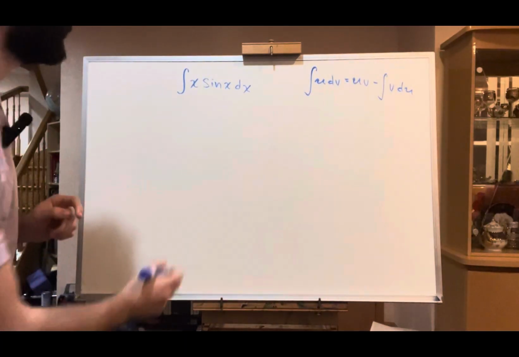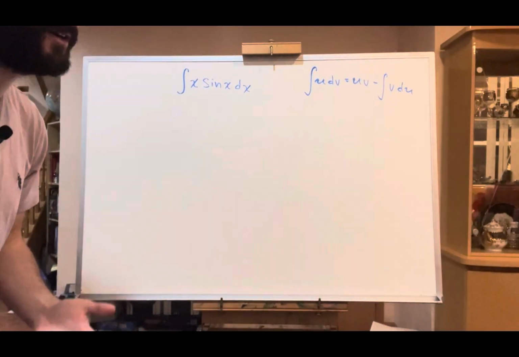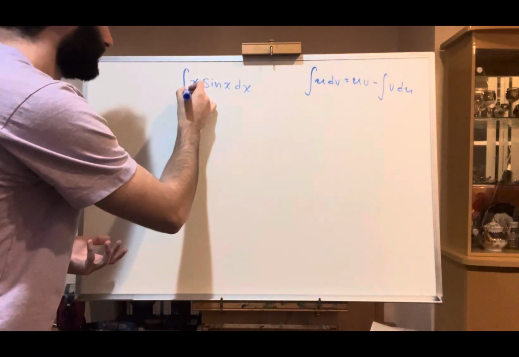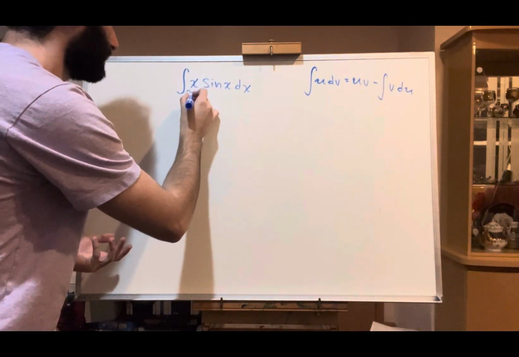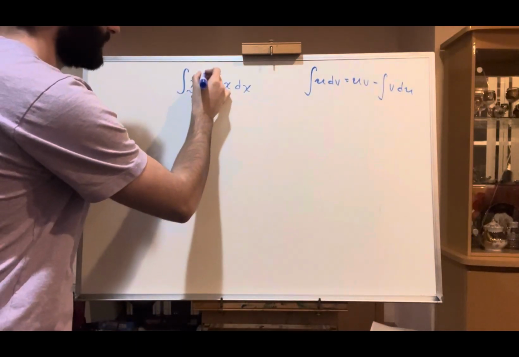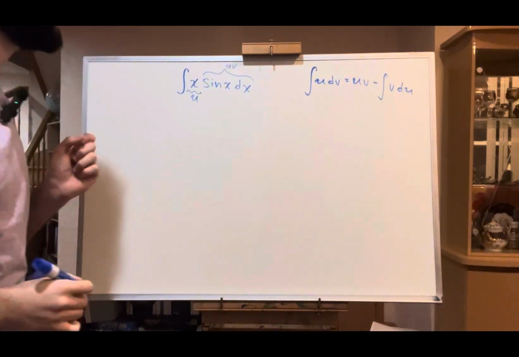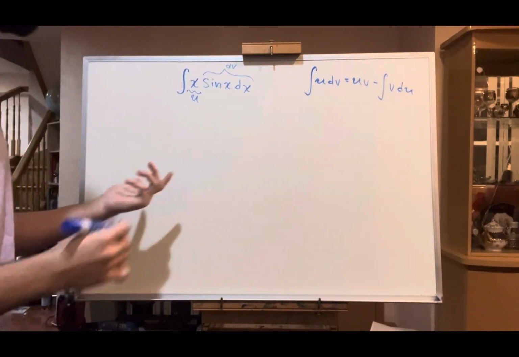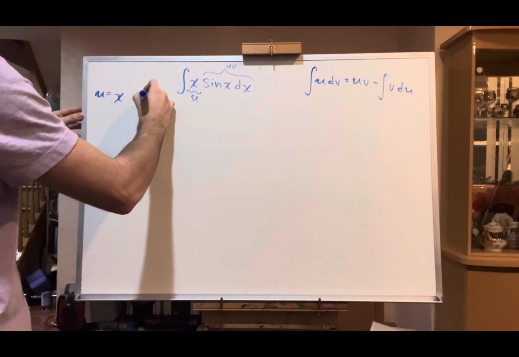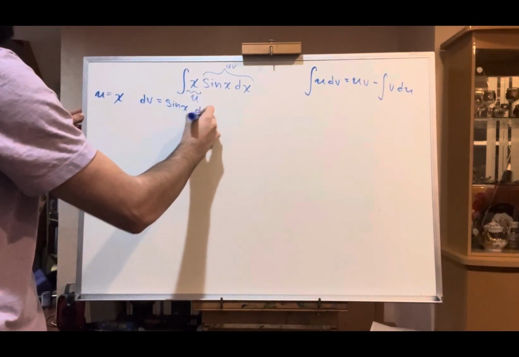So if we differentiate x over and over again, eventually it's going to go to 0, in this case only after 2 times. So we set u equal to x, and we go ahead and set dv equal to sine of x dx.